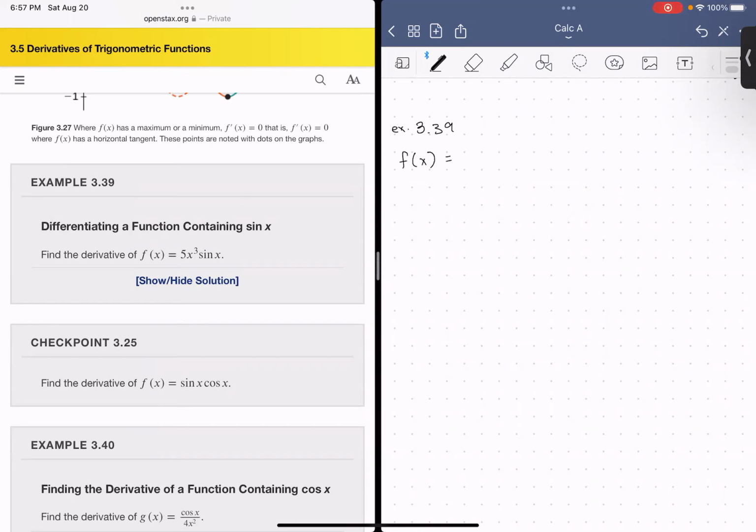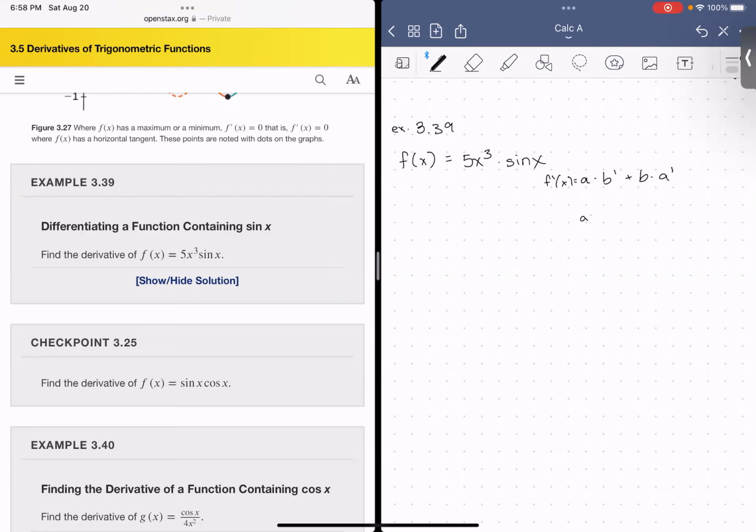So I don't know if you can see it, but there are two functions in this function, and so we know that we can use the product rule. And remember, the rule is the first times the derivative of the second plus the second times the derivative of the first function. And that's how you get f prime of x.